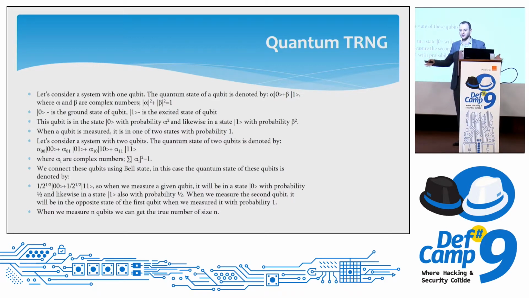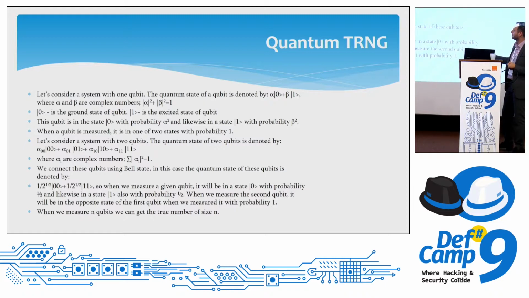It doesn't know where it is, but when you measure it, afterwards it goes to that state and forgets its previous state. That's the problem. And we need a random number twice. Like this, we can describe the system of two qubits. The same alpha and beta are complex numbers, and the sum of the squares must be 1.